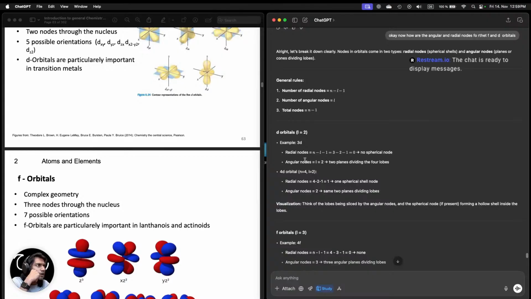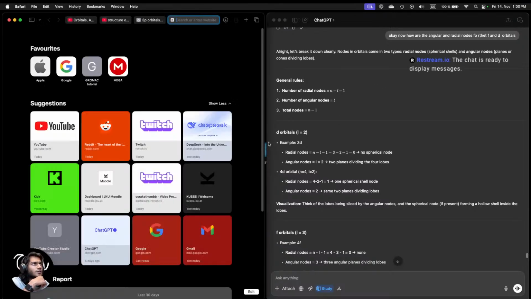The orbital... No circle, no. So 4D has one spherical node. Interesting. Why this 3D?